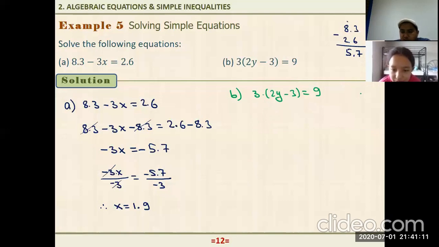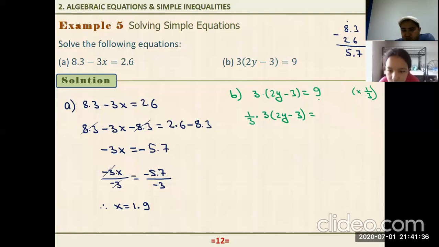Let me multiply, because if you multiply both sides of the equation by the same number, it does not change the solution of the equation, right? So let me multiply both sides by 1 over 3. Here we have 1 over 3 times the whole expression, 3 times 2y minus 3.